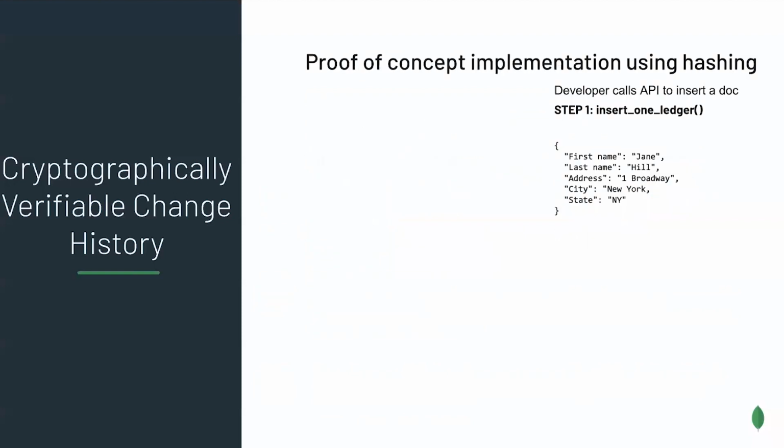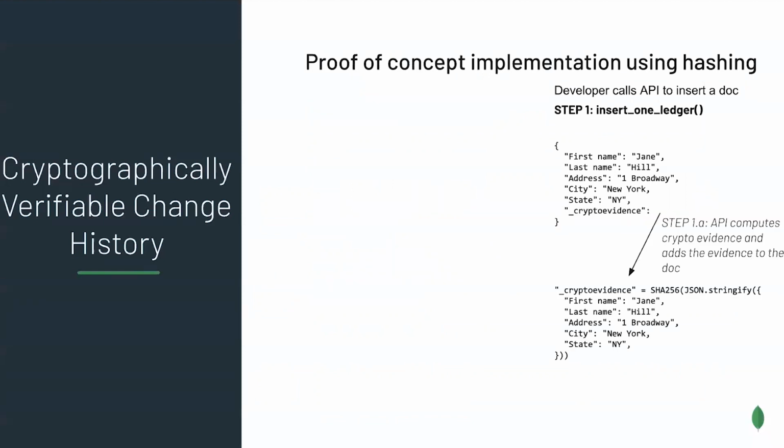How does the proof of concept implement cryptographically verifiable change history using hashing? First, a developer calls the insert1ledger method to insert a document, just as it would for a normal insert1 method. The method then computes a SHA-256 hash of the document.